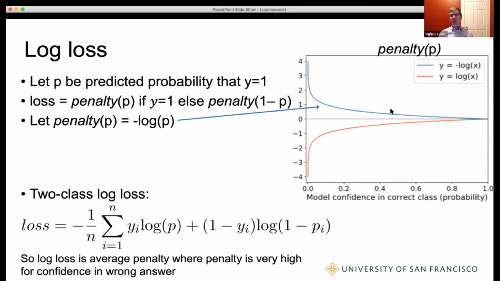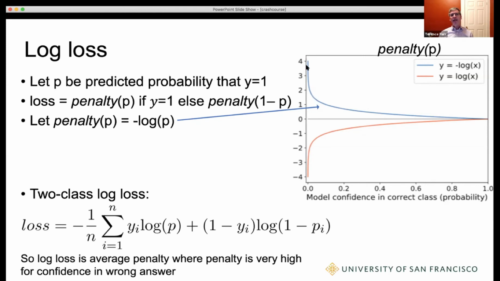But if it's truly class 1, and we're not really sure, we'll give it a small penalty. If we predict, because it's less than 0.5, that it's not class 1, but in fact it is, the more confident we are that it's not that class, the higher this value can go as we get closer to 0 here. We'll look at this in more detail in the machine learning class, but you'll hear negative log loss, and that's all this function is: negative log.